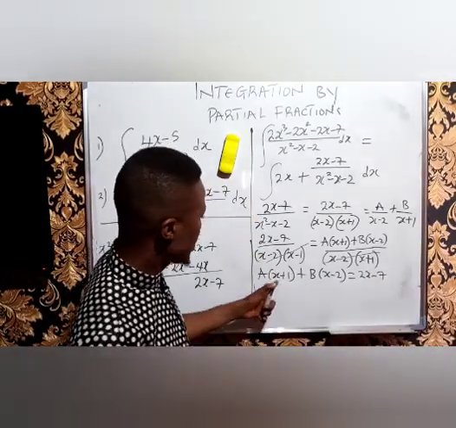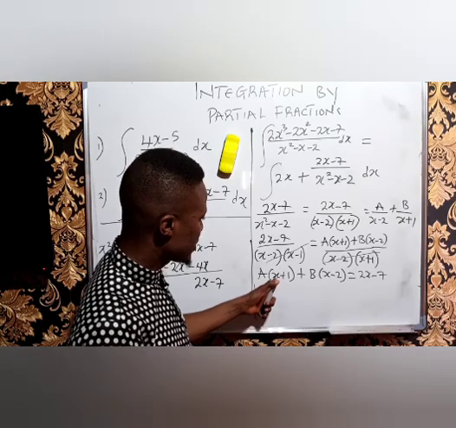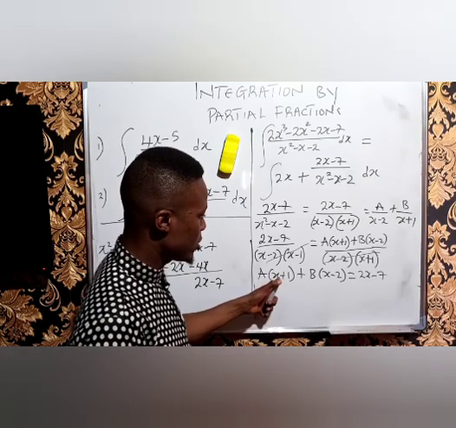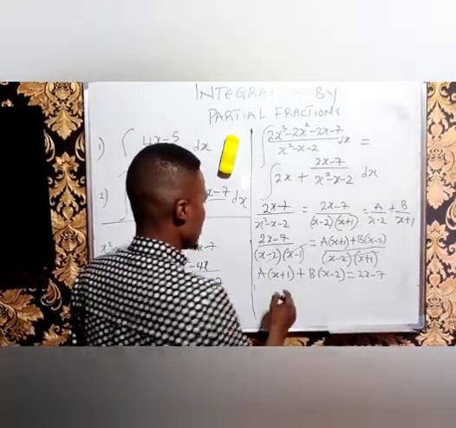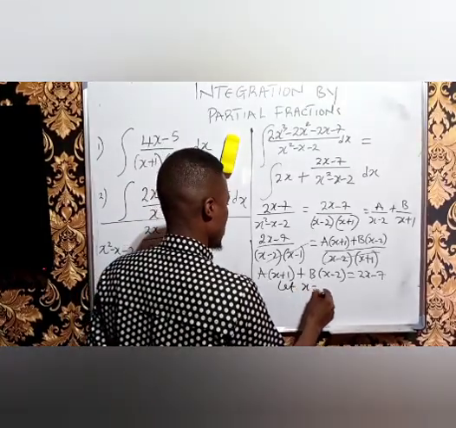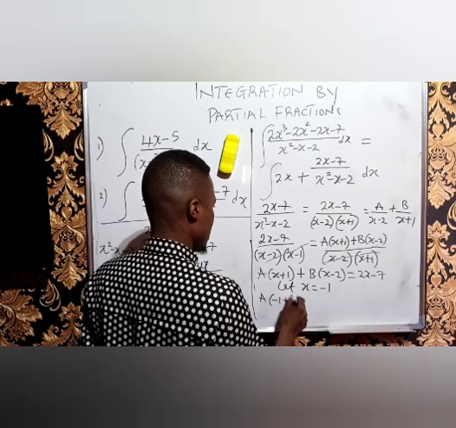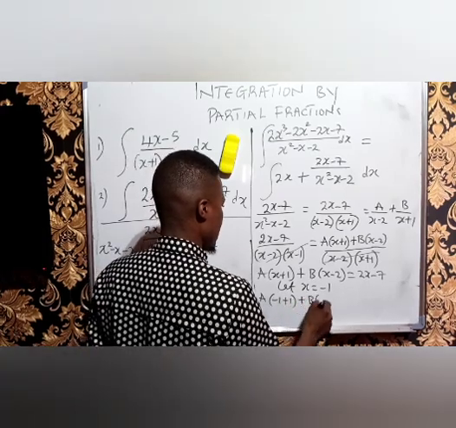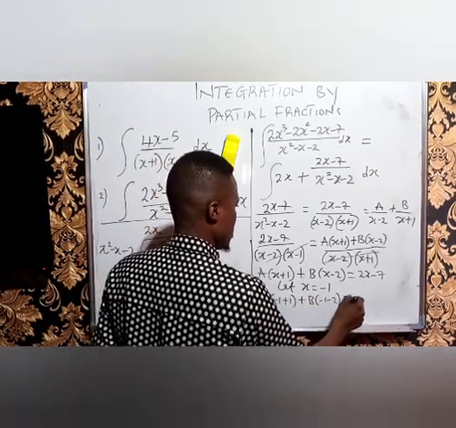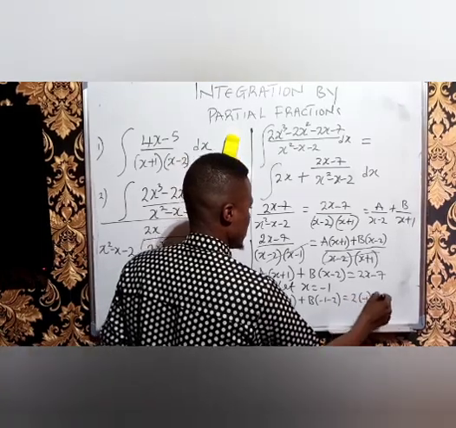Now if we want to kill A, we set x as minus 1, so that minus 1 plus 1 gives us 0. So let x be minus 1. We now have A(-1 + 1) + B(-1 - 2) equals 2(-1) - 7.